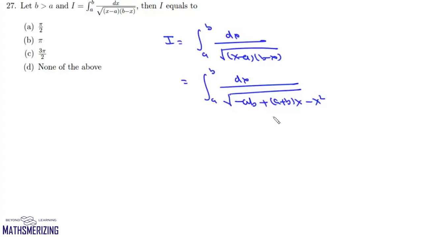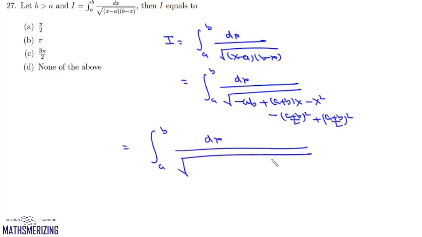Now we'll complete this perfect square. We'll add (a plus b by 2) whole square, and we'll subtract (a plus b by 2) whole square. So we can write this as the integral from a to b, dx, and here it will be under root of ((a plus b) by 2) whole square minus ab, and here will be minus (x minus (a plus b) by 2) whole square.